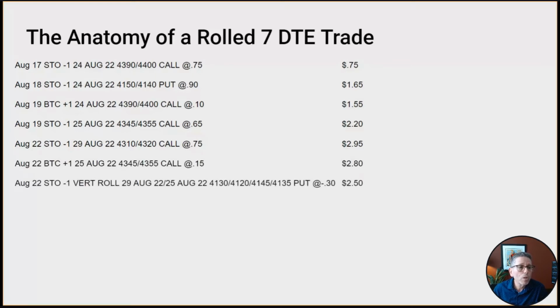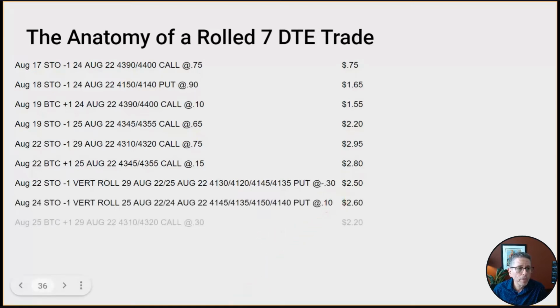Now I had to roll the put spread, and it cost me 30 cents to roll it because I did want to take it down. And then I rolled it again and collected 10 cents on it.